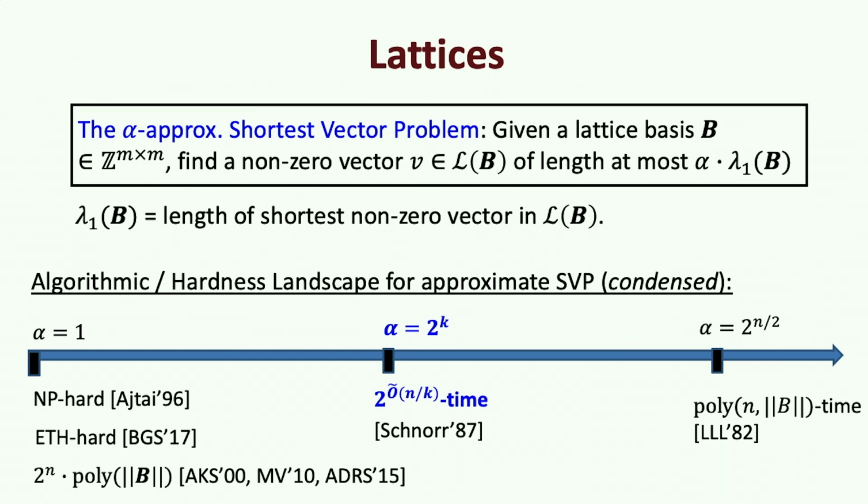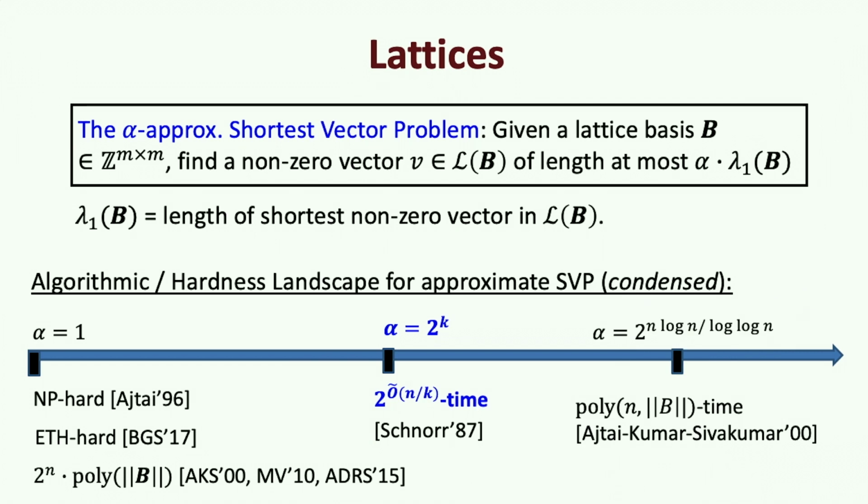And this is what we'll use to actually solve LWE, this sort of trade-off algorithm. You can also improve that alpha from 2 to the n over 2 to 2 to the n log n over log n, but never mind, between us, what's the difference? Good, so this is the hardness or computational algorithmic landscape of the shortest vector problem.